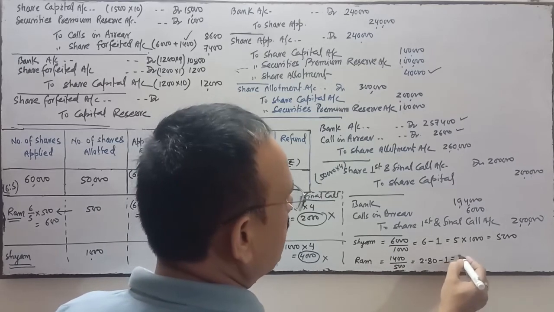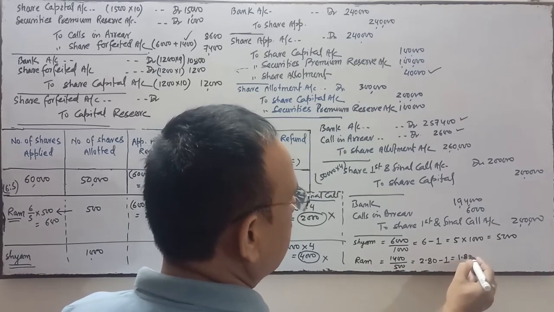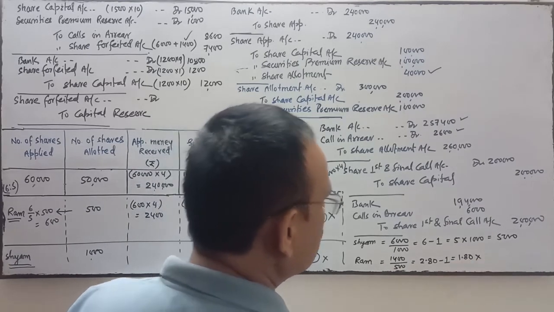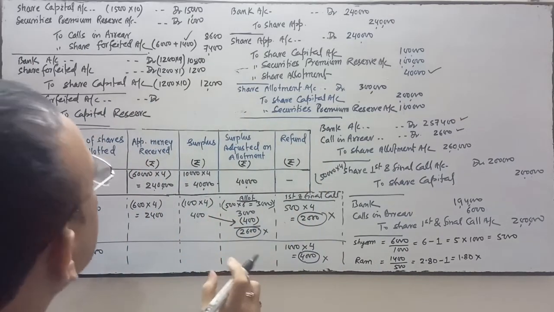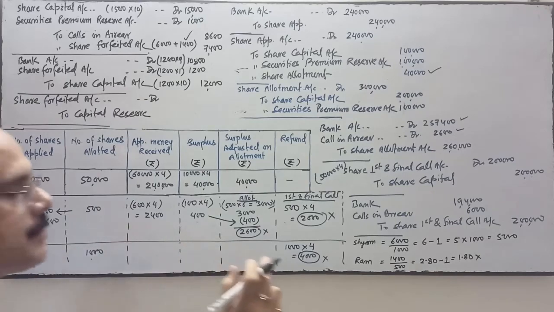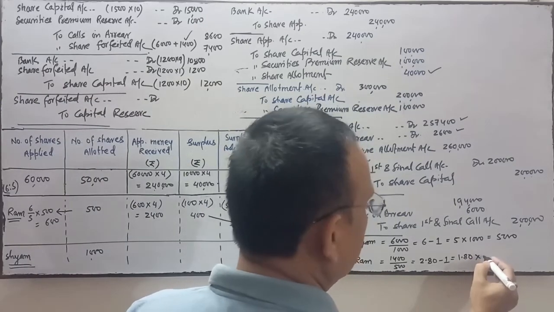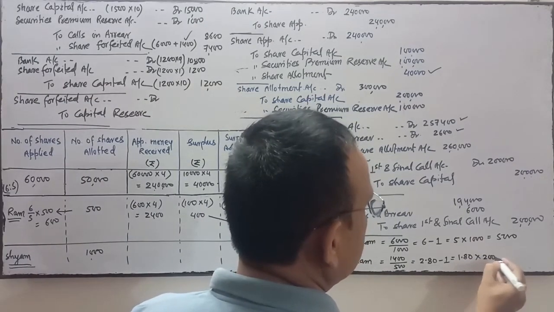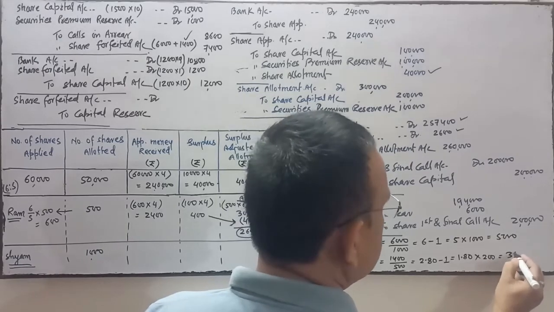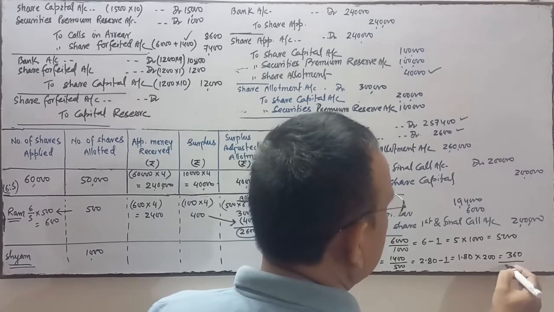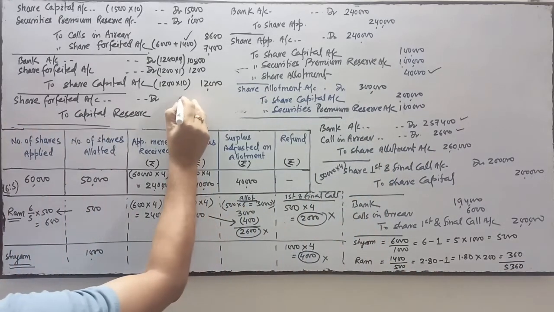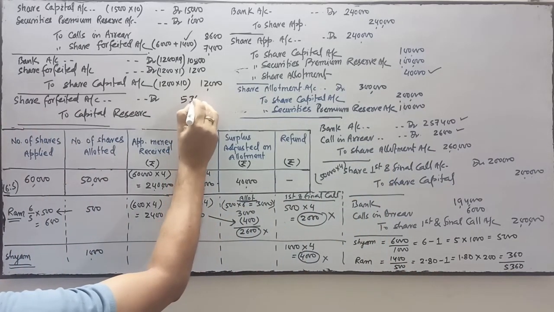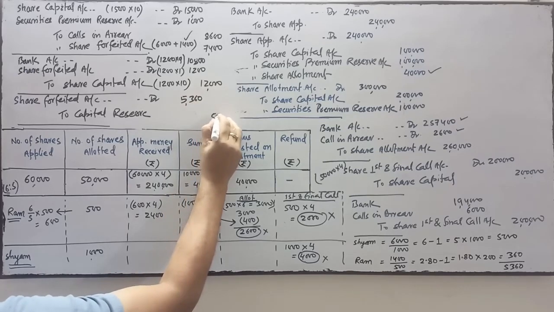So net gain is 1 rupee 80 paise multiplied by the reissued shares of Ram. Sorry, 200 shares of Ram are reissued. So it is 360. So 5360 will be transferred to capital reserve. 5360.